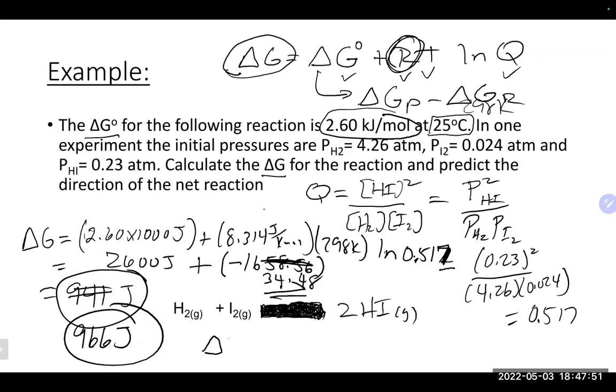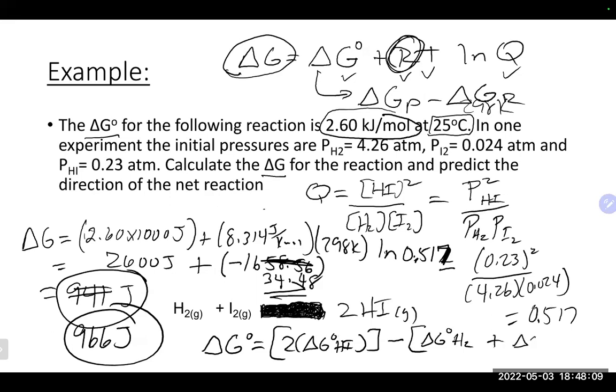If you went to the table, you would do your products. So you would take 2 times that delta G value for HI. And then you would subtract the delta G value for H2, because it's 1, and you would add the delta G value for I2 also because it's 1, and that's how you would do it.